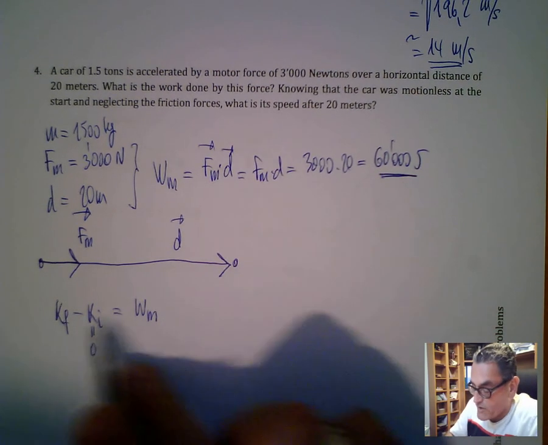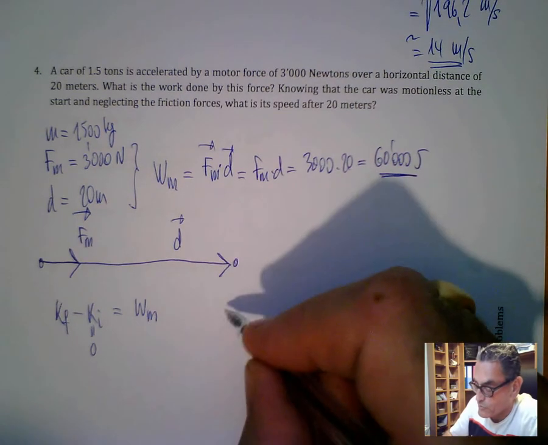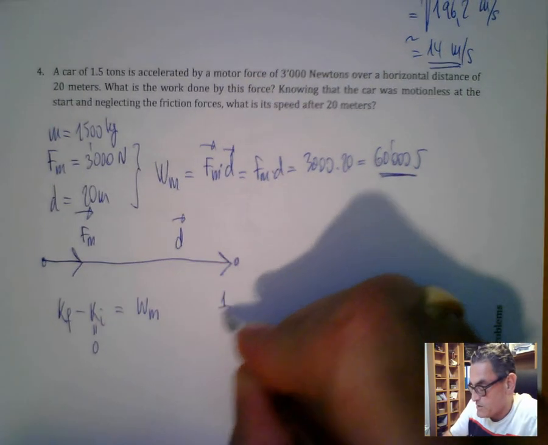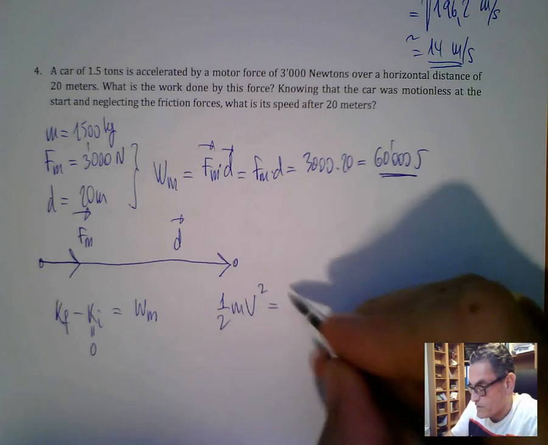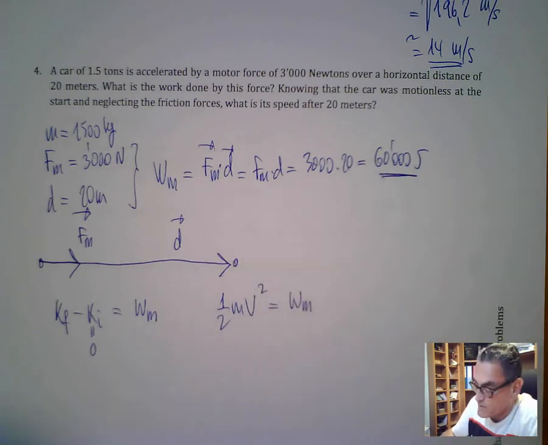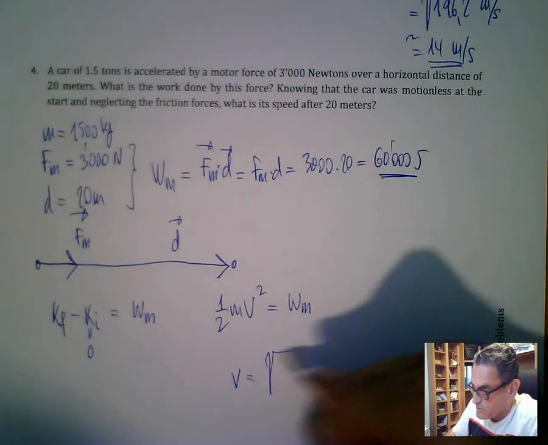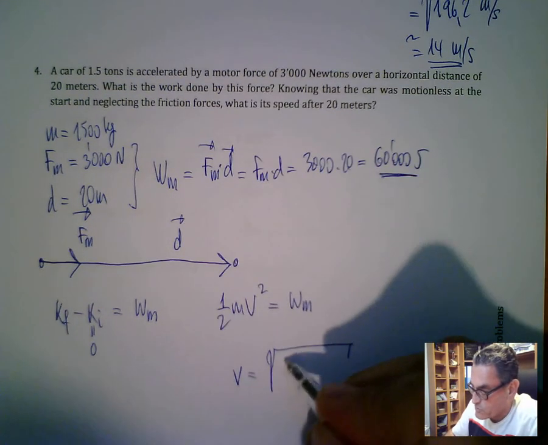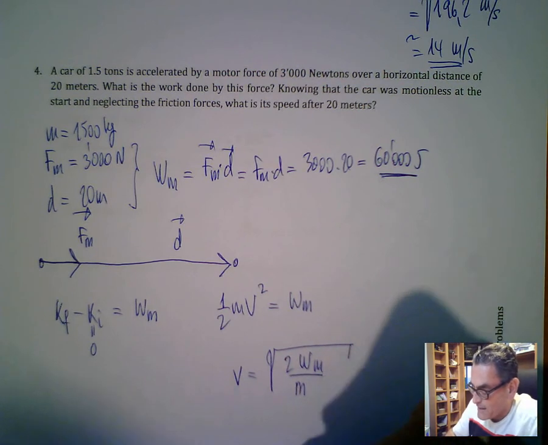Okay, so the final kinetic energy is equal to Wm, which I can write as 1/2 mv squared is equal to Wm, and Wm we know it, it's here. Okay, so again the velocity will be just the square root of 2Wm divided by the mass.